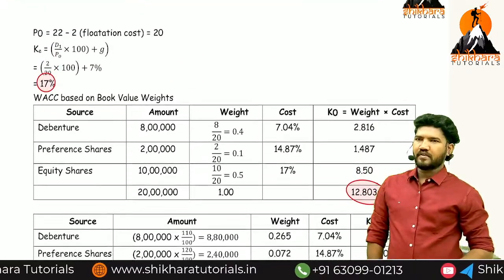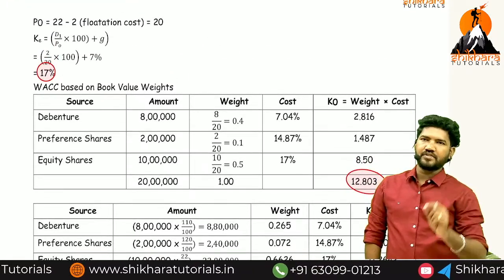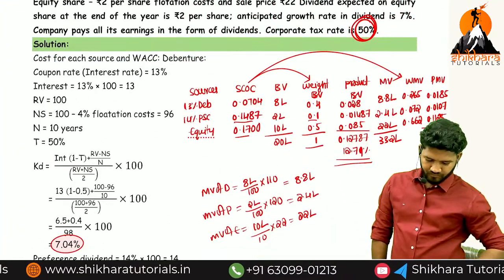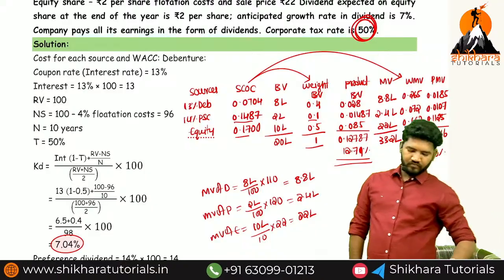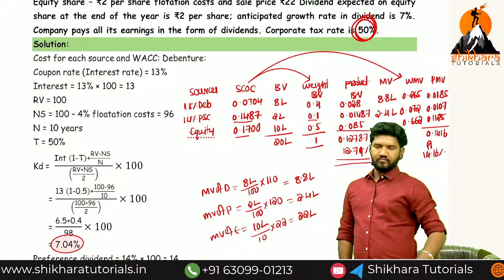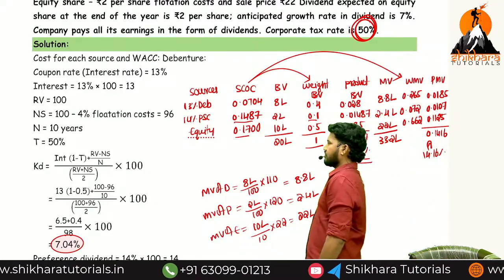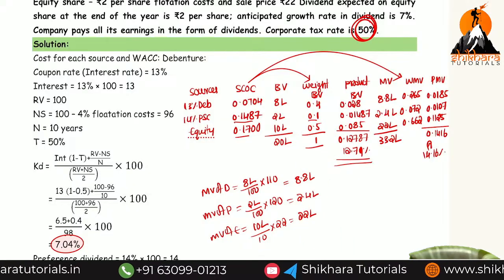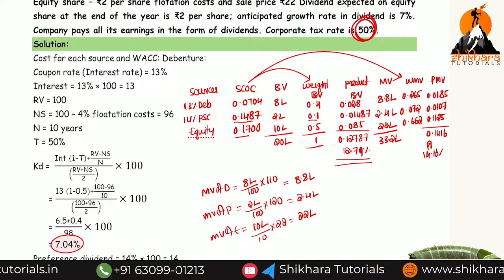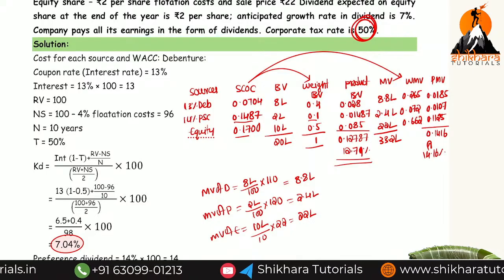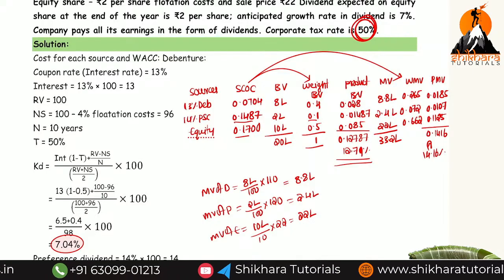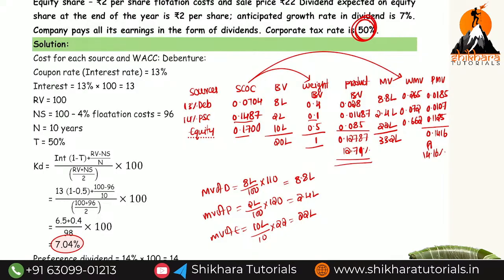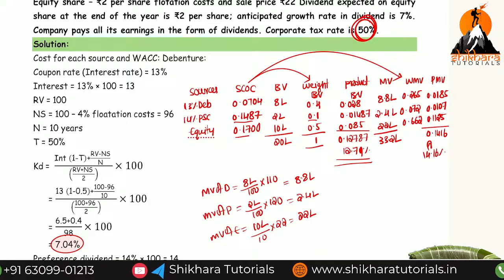The differences in answers came because of decimals. So round off, 14.2. Completed.